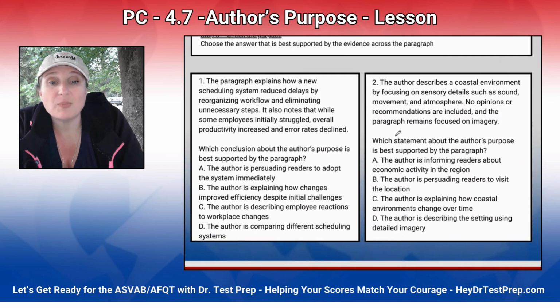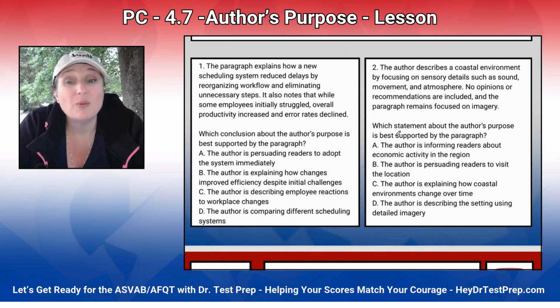All right, so now we're going to support it more with evidence. These are more lengthy, like you'll see on the AFQT. The paragraph explains how a new scheduling system reduced delays by reorganizing workflow and eliminating unnecessary steps. It also notes that while some employees initially struggled, overall productivity increased and error rates declined.